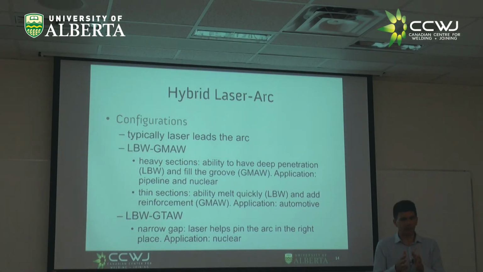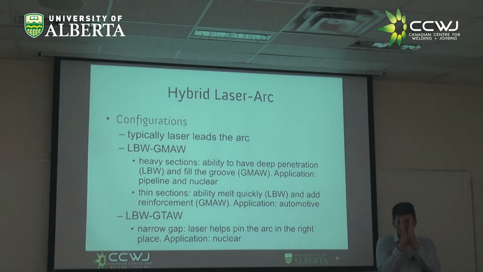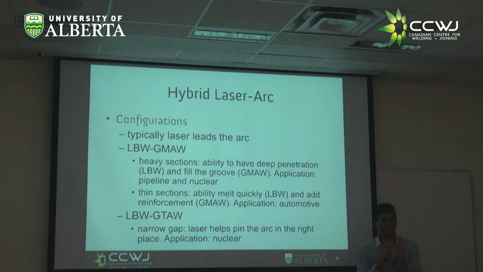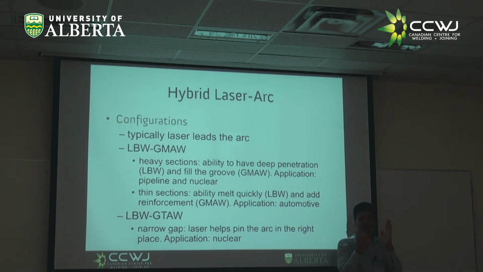when you're doing narrow groove, do you remember narrow groove when we have a groove that is very narrow, and we start filling it up, like not as a V, but with a number of very narrow passes. One of the problems of arc welding is that in this narrow gap, the arc wants to go to the sides, not to the bottom.